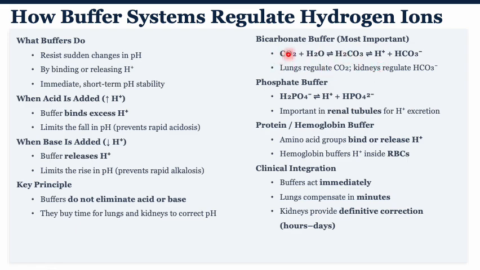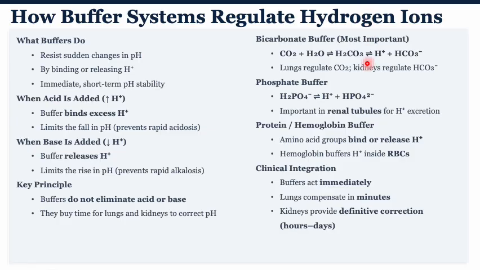I will not quiz you on this, and from what I reviewed through PANTS, they're not going to ask you an equation about this, but basically it just shows how carbon dioxide plus water will equal carbonic acid, which is a weak and unstable acid formed when carbon dioxide dissolves in water.